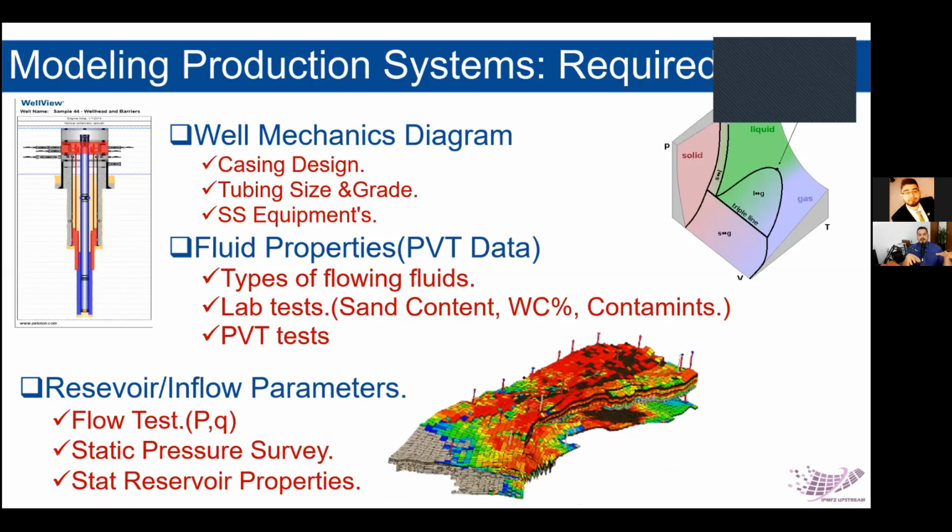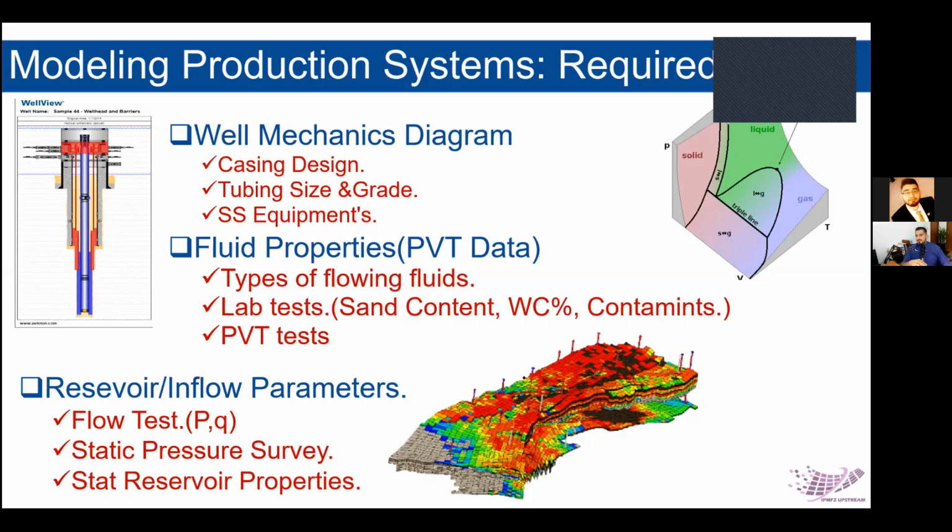And then we have the most annoying part of the production system management, which is the reservoir or the inflow part. This has the highest degree of uncertainty in a production model, because most of the well tests that are conducted expire in a month or so, because the production environment is changing and the operating conditions changed.